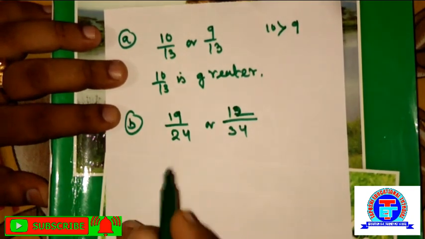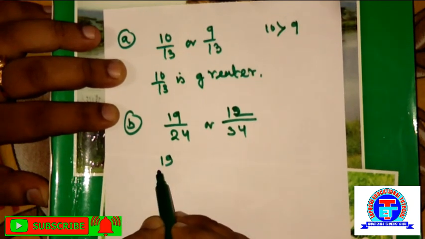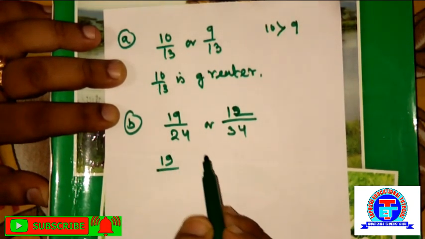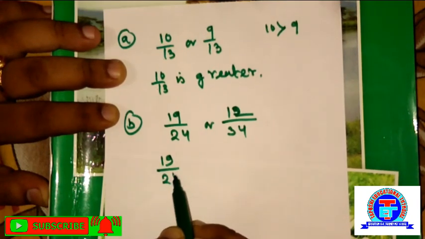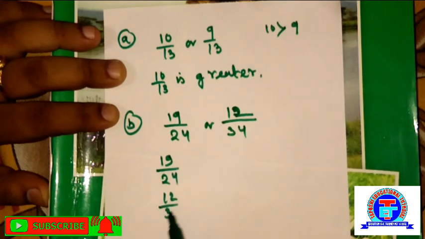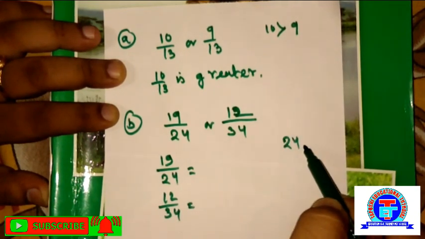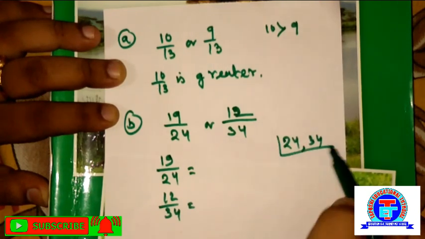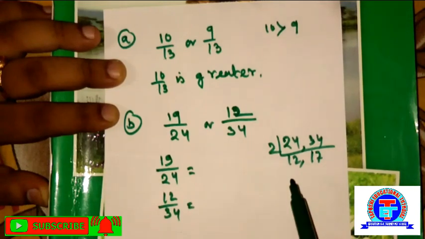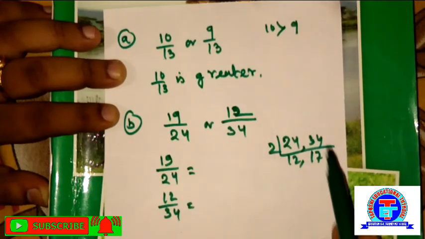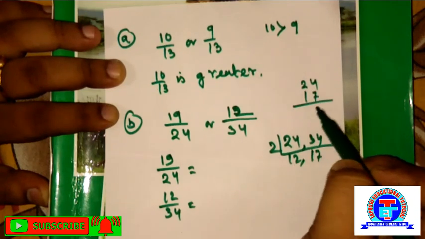In that case we do LCM of the denominators of the two given fractions. So LCM of the denominators 24 and 34 will become 12 and 17. Now we multiply 24 with 17.